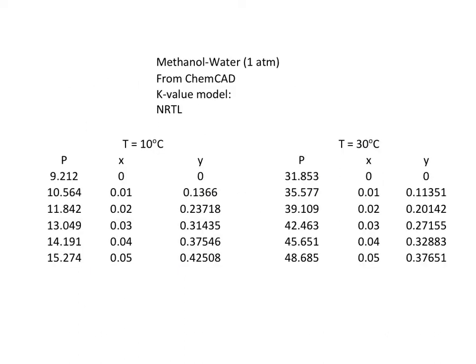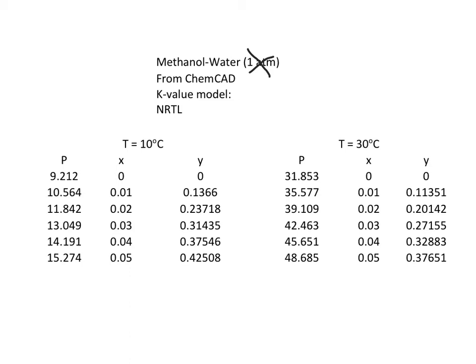I used the process simulator ChemCAD to find the vapor-liquid equilibrium for methanol water, but instead of 1 atmosphere constant pressure like we have done in the past, it will be for constant temperature.